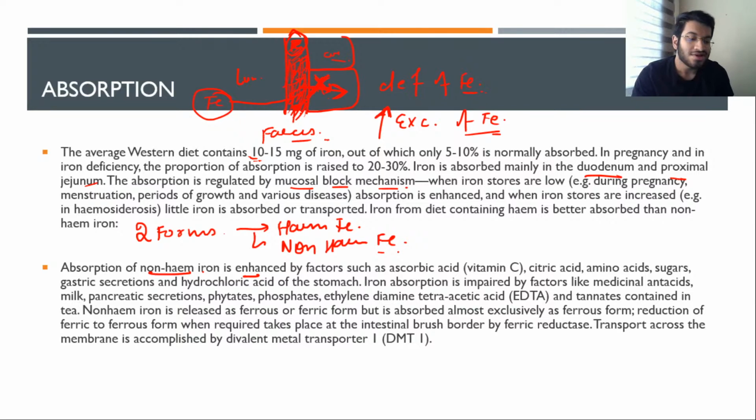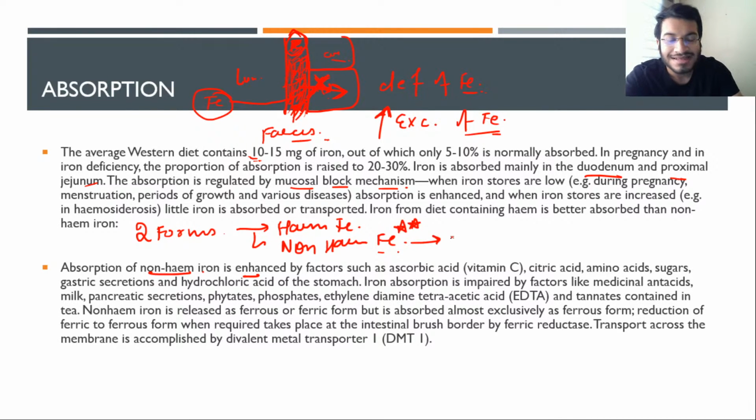So if you get your iron from the non-vegetarian sources, then it is readily absorbed, easily absorbed. But if you obtain your iron from vegetarian sources, like green leafy vegetables and all of that, you take up non-heme iron in that case.